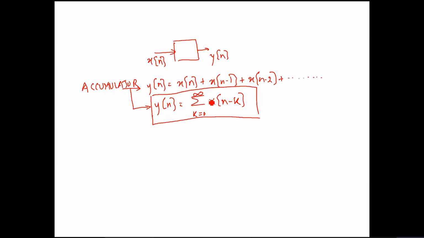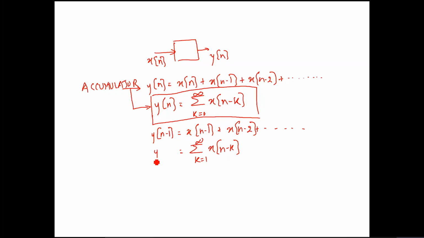Now the interesting thing about the accumulator system: if we just open this up, or let's say we want to find y of n minus 1 for an accumulator system, that would be x of n minus 1 plus x of n minus 2 all the way to infinity, and this will be just the sum of k equal to 1 to infinity of x of n minus k.